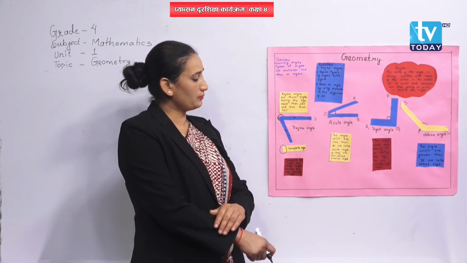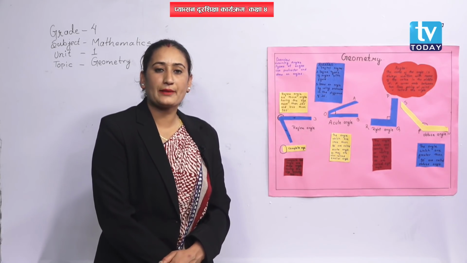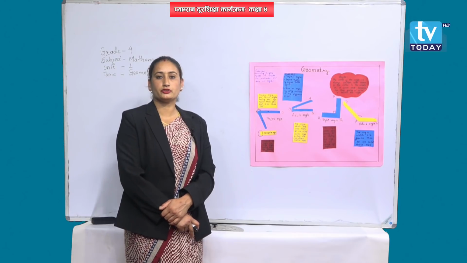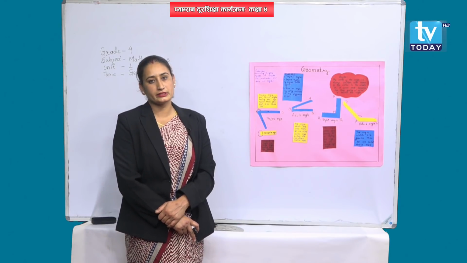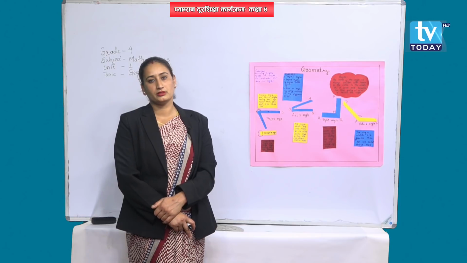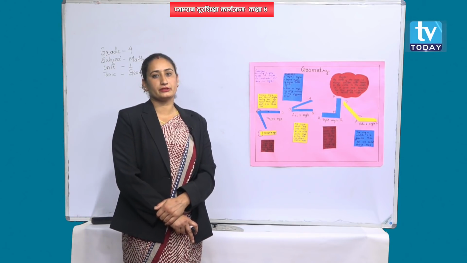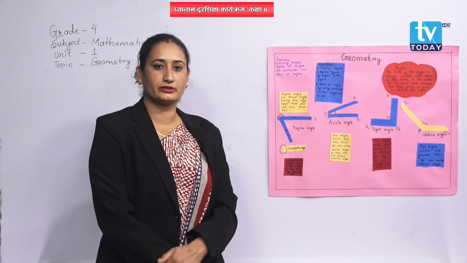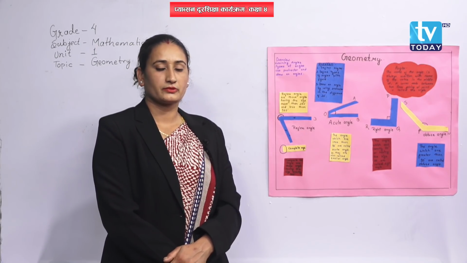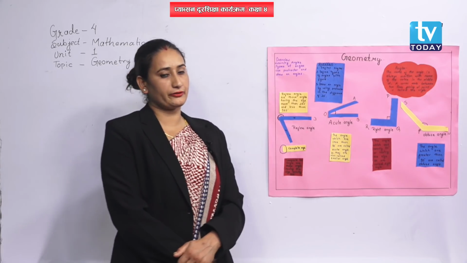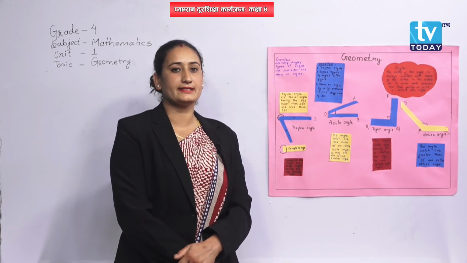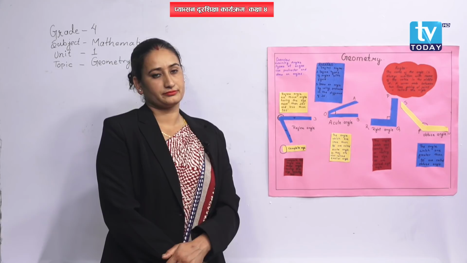Now, after learning the types of angle, you need to write the definition. Have you written the definition by yourself? No? Okay. I will tell you the definition and you have to write it in your notebook. Good. Now listen very carefully. First one is the acute angle.